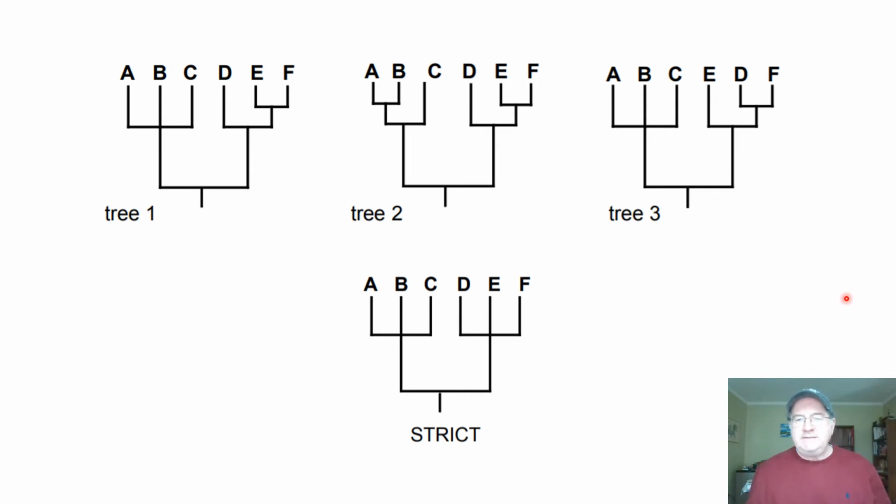And so a strict consensus tree is a tree that seeks to display to you the pieces of information that are found in all of the trees that you're looking at. So in this case, the only thing that all 3 of these trees have in common is that they split our OTUs into 2 groups of 3, A, B, C, and D, E, F. And that's exactly what it does here, A, B, C, and D, E, F. So that's a strict consensus tree. Any grouping that it's showing you is found in all of the trees that went into its calculation.